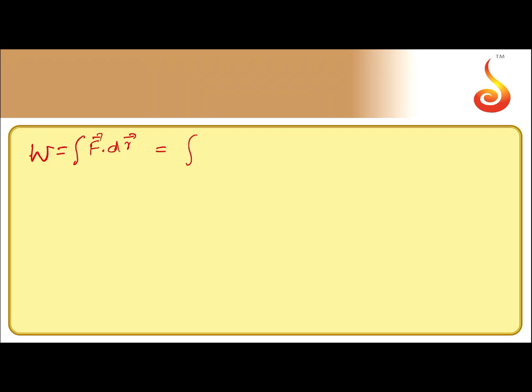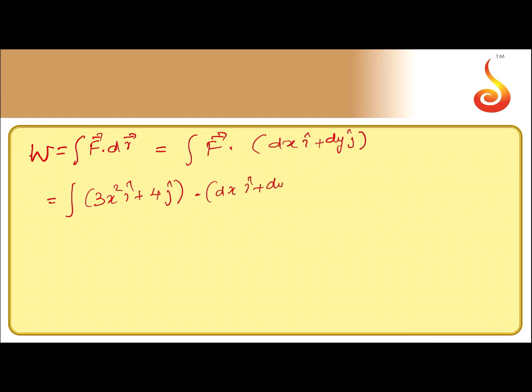And that can be simplified further. F dot dr can be written as dx i cap plus dy j cap. So if I substitute for these details, integral 3x square i cap plus 4j cap dot dx i cap plus dy j cap, and from 2, 3 to 3, 0.